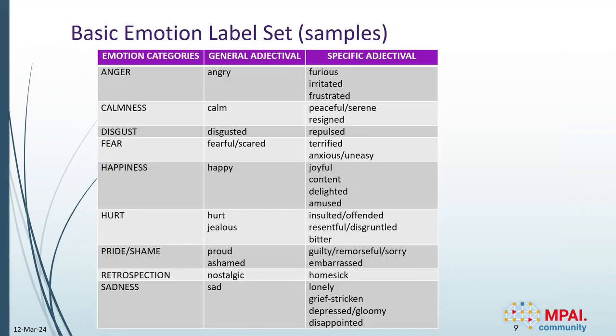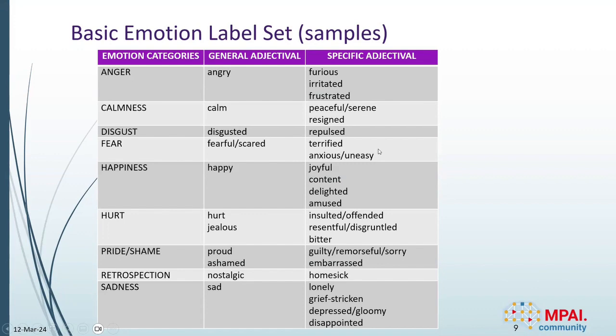And as we've done for cognitive states just now, we have basic emotion label sets. So I mentioned anger as a category, angry as an adjective that goes with it, and subcases like furious, irritated, or frustrated. Under the category of fear, we have fearful or scared, and the subtypes would be terrified or just anxious or uneasy.